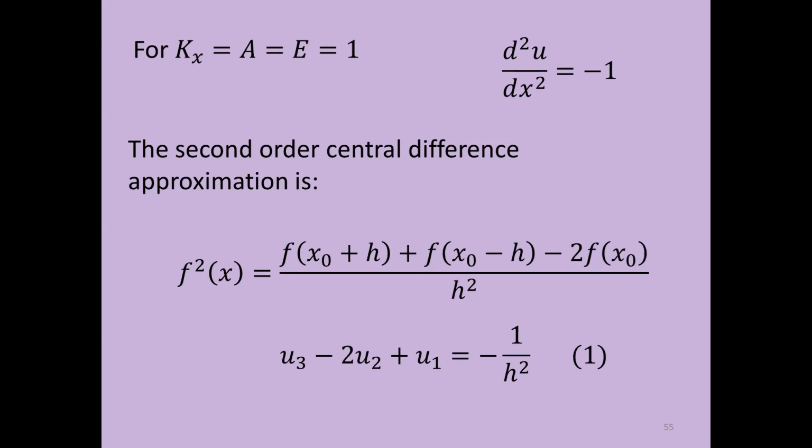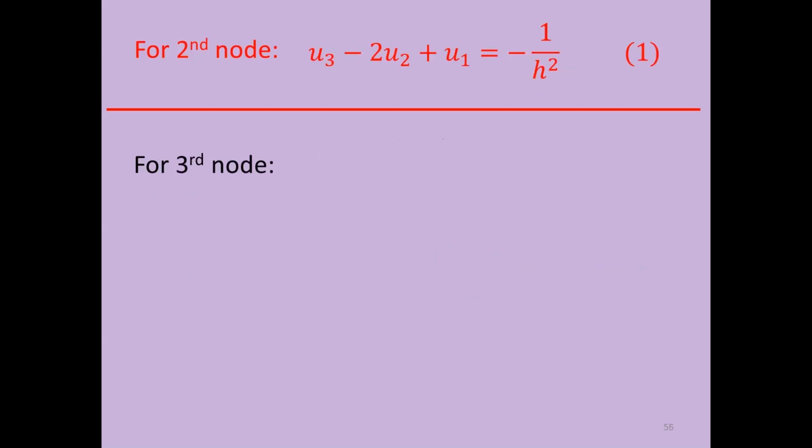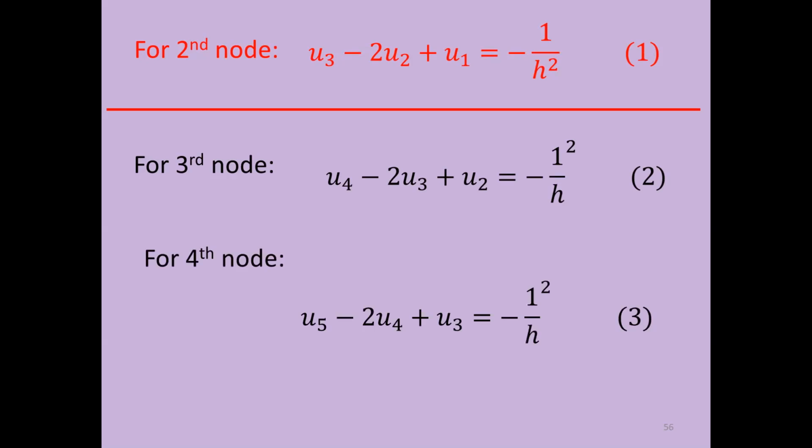So when you apply the difference equation at the third node, it has u3, u4 and u2 as the unknowns. Similarly for the fourth node, now equation number 1, equation number 2 and equation number 3.